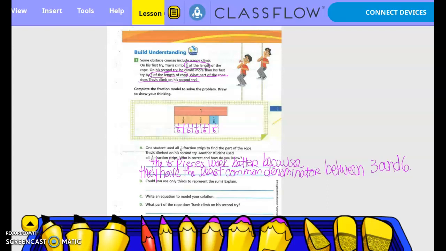No, because you have to use the 6 because that is your, actually it's the least common multiple, right?